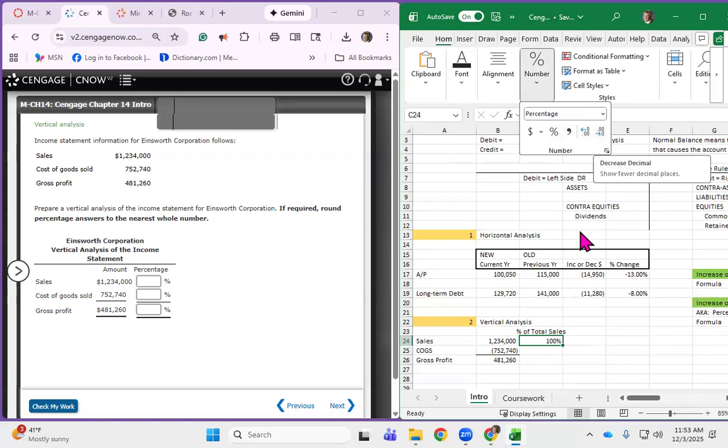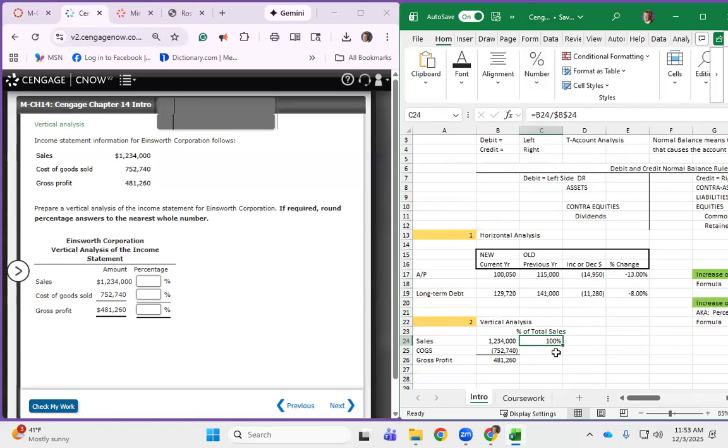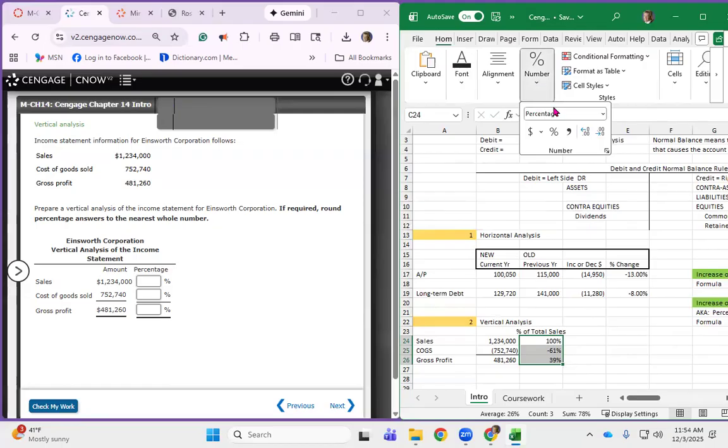And all right, so then I am going to drag this down and it should fill in for me. Yep. And in case they want it answered to the nearest whole number, just for fun, I am going to increase the decimals there just in case we need that any other time.